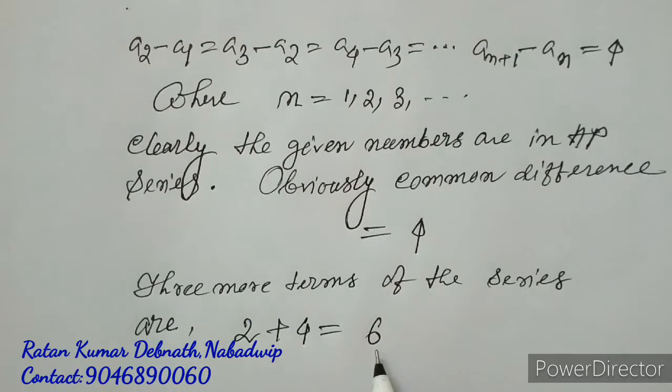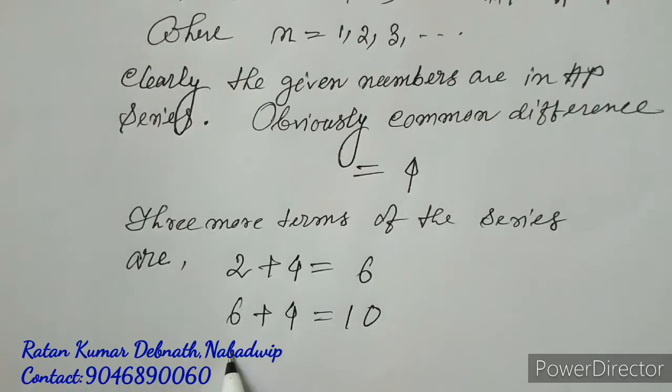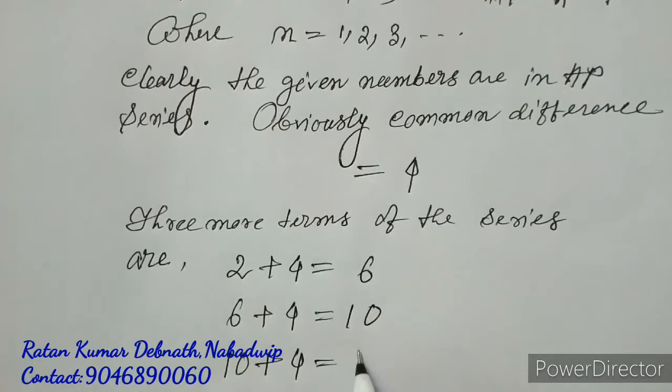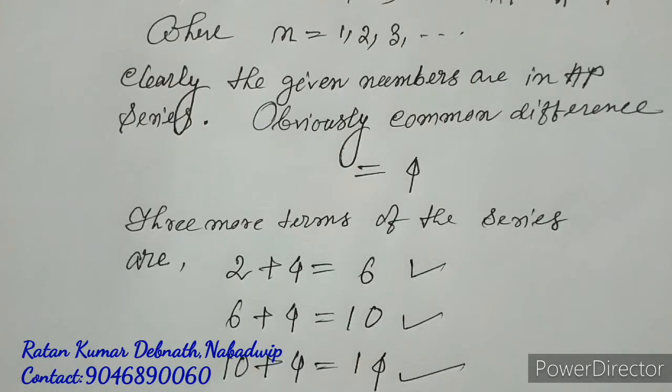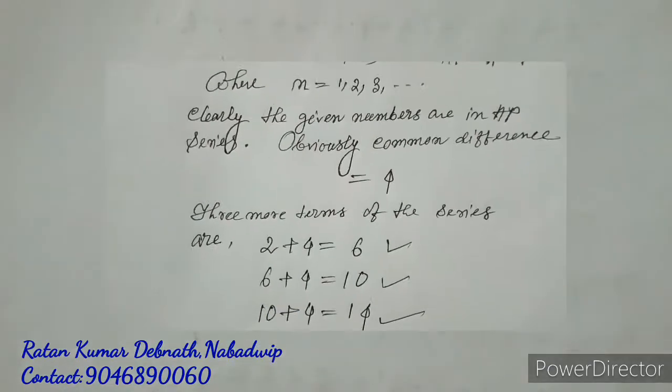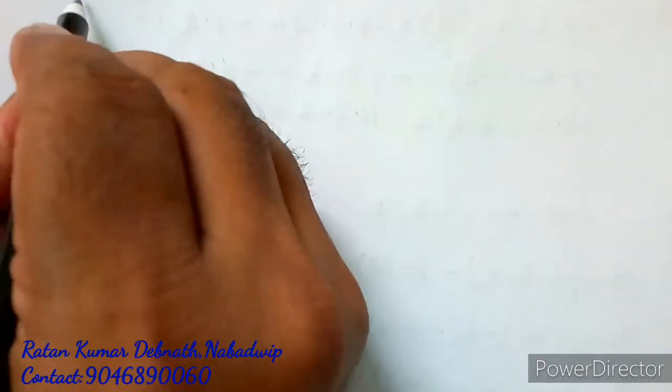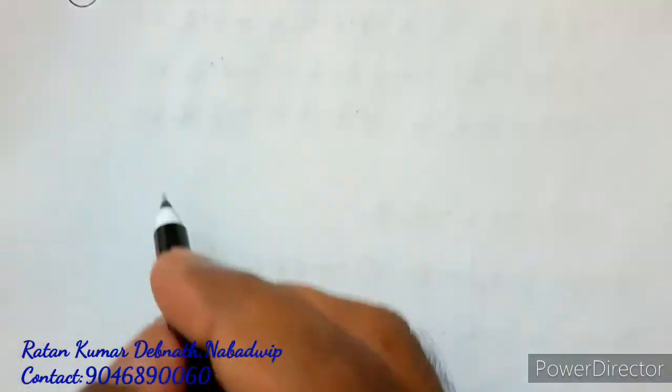This is the fifth term. Next term, 6 plus 4 means 10. Next term, 10 plus 4 equals 14. So 6, 10 and 14 are the 3 more terms after 2.